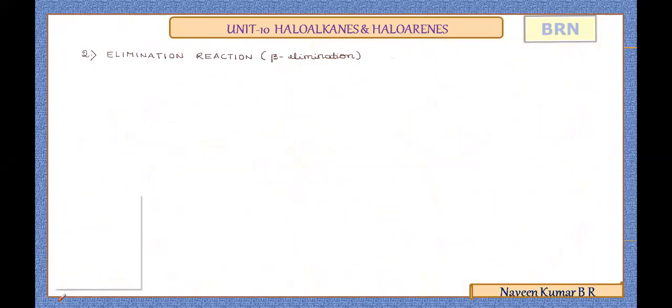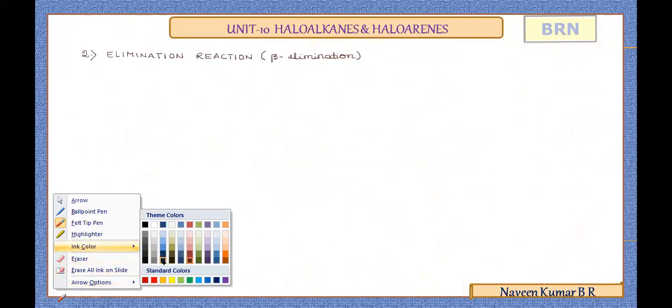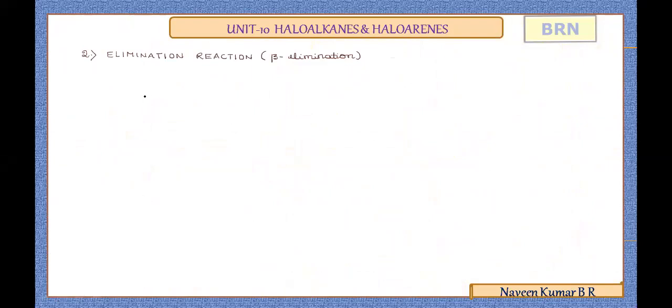Now, with respect to the elimination reaction, which is a beta elimination reaction, if we take any alkyl halide which possesses a beta hydrogen atom and treat it with alcoholic potash, that is KOH in alcoholic medium, we are going to see an elimination takes place.